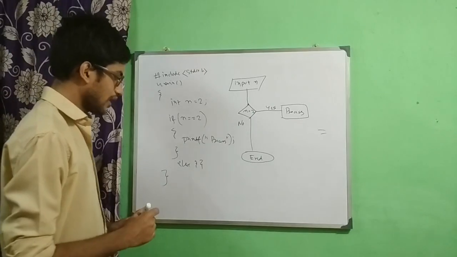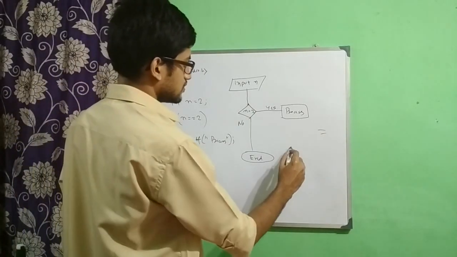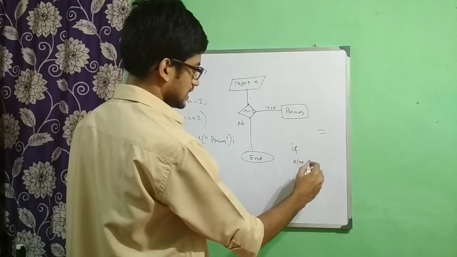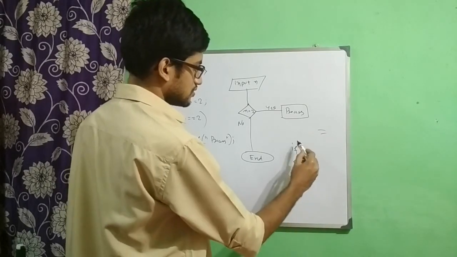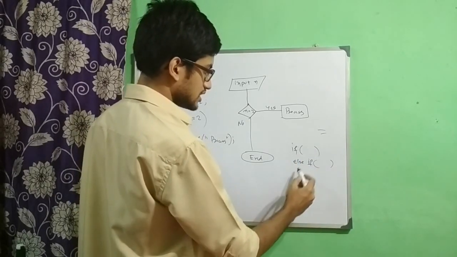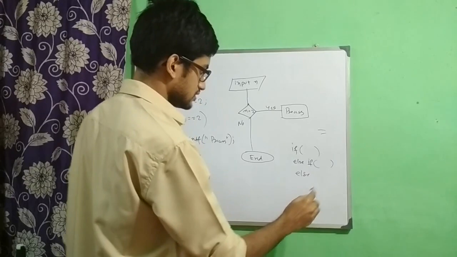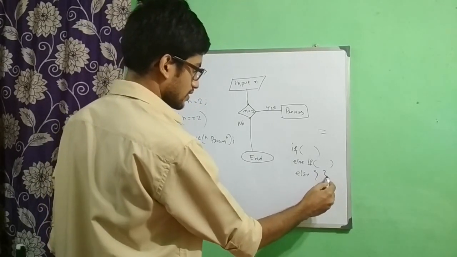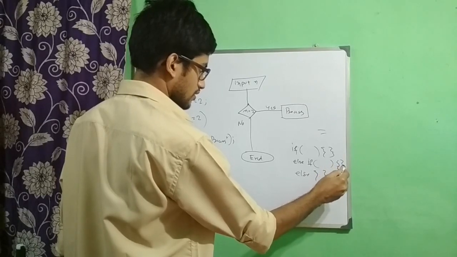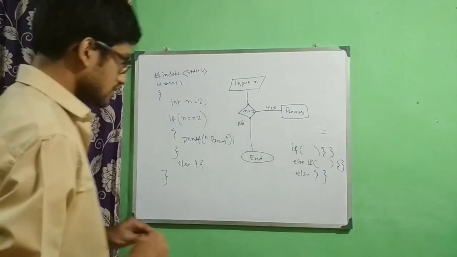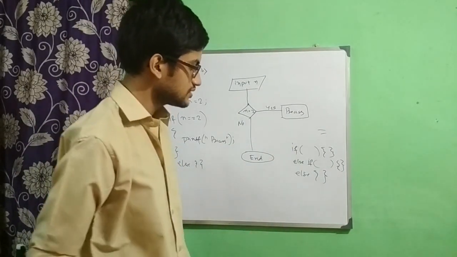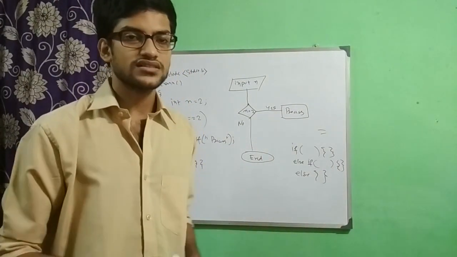So one more thing comes here, the if block, the else if block. It will take some expression, it will also take some expression, and finally else. It means if it will check within the parenthesis, it will check some expression, compare something.